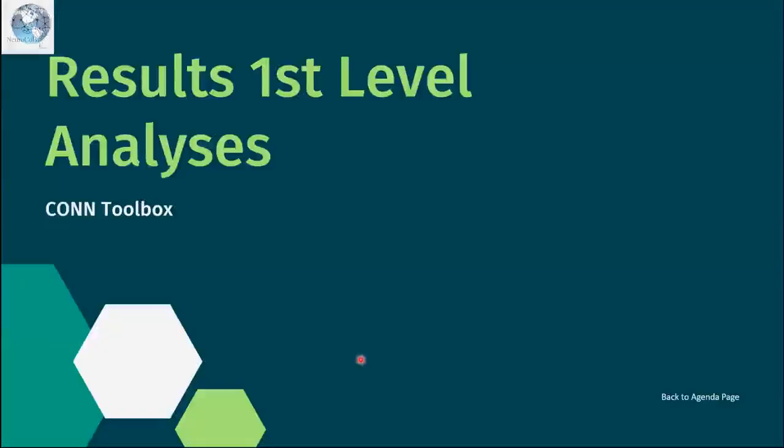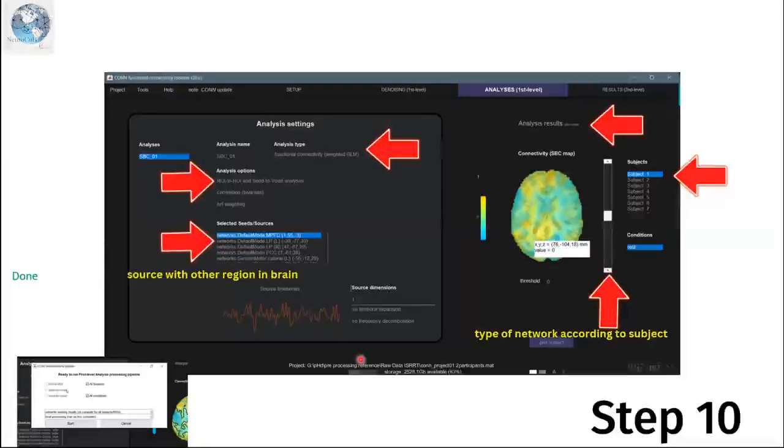After denoising, you proceed to the first level analysis. In first level analysis, you can see the setup of the seed-based correlation here, ROI, meaning ROI-to-ROI or seed-to-voxel analysis. You can choose either one, and what type of network you want to see, the source with other regions in the brain.